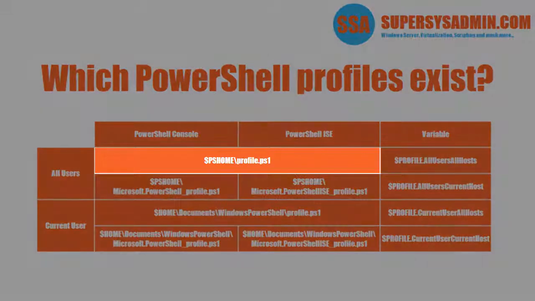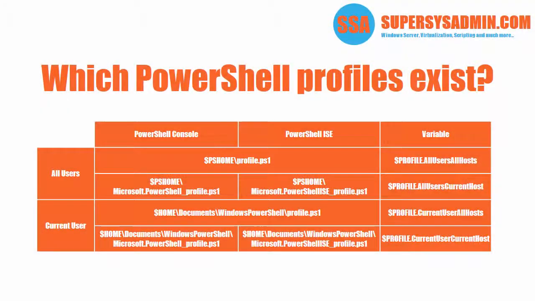The first profile which can be called is profile.ps1 in $PSHOME. $PSHOME is the PowerShell installation directory and is usually located in C:\Windows\System32\WindowsPowerShell\v1.0. This profile applies to both the PowerShell and the PowerShell ISE console.